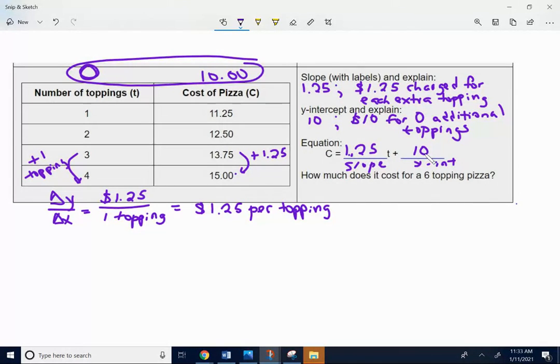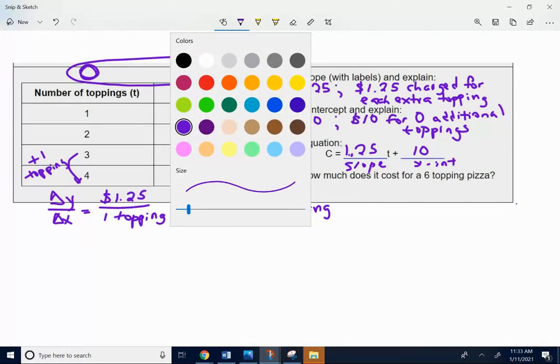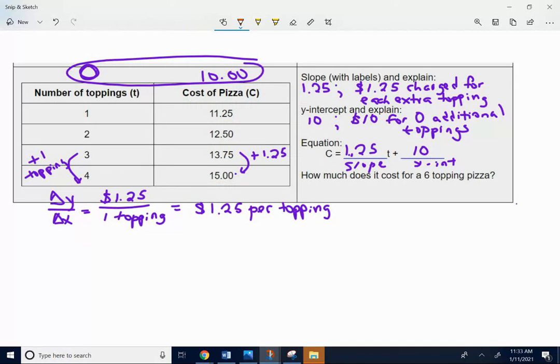The last question: how much does it cost for 6 toppings? You may prefer to just use the data. I can keep continuing this pattern. On the x side, I keep adding one topping, one topping, one topping. On the y side, I keep adding $1.25, $1.25, $1.25.